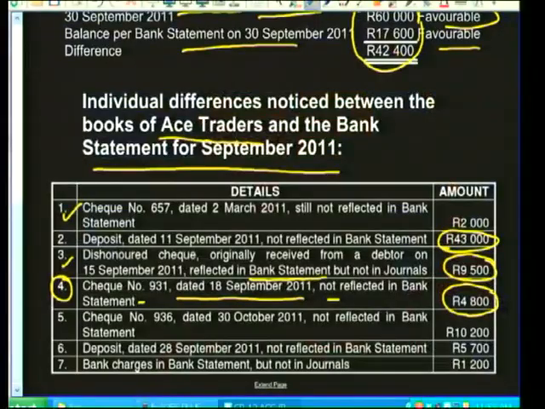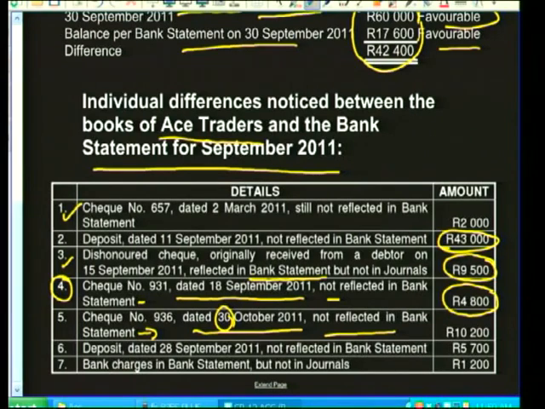Check number 936, dated the 30th of October, not reflected in the bank statement. Now watch, again, this is a check dated the 30th of October. Again, guys, what type of check is this? This is a post-dated check that we have issued.